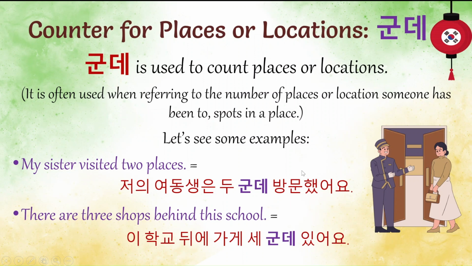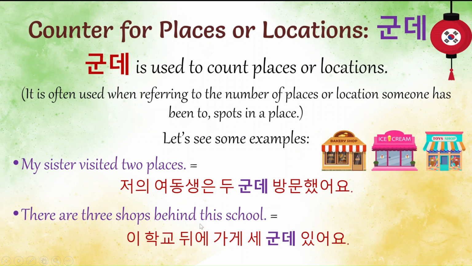Next example is, there are 3 shops behind the school. 이 학교 뒤에 가게 3 군데 있어요. 이 학교 means this school. Now, if you have to say behind this school, then it is 이 학교 뒤에. Behind is indicated using this word 뒤.